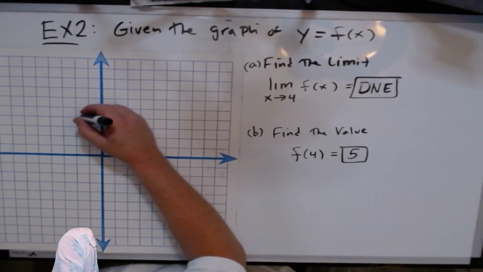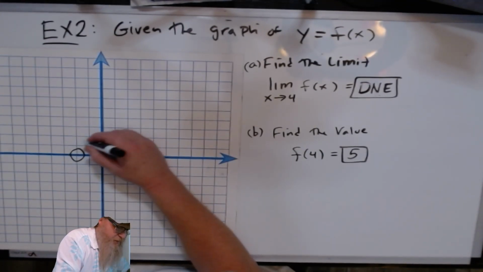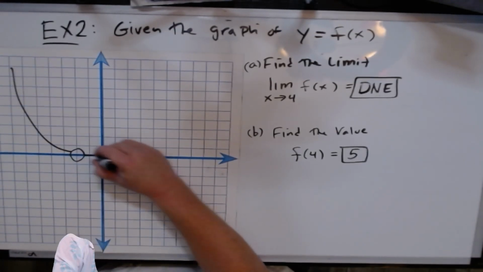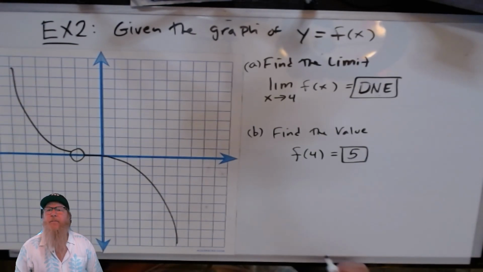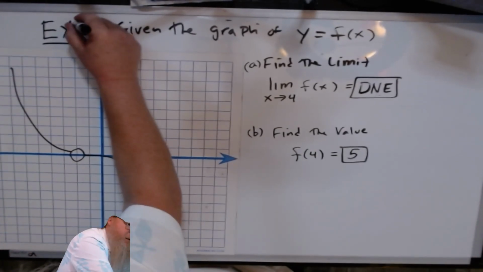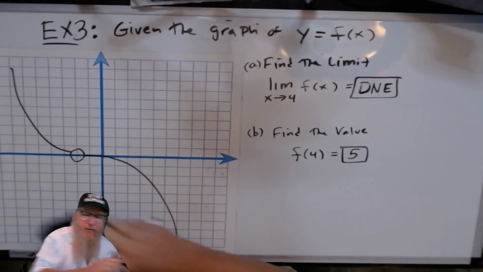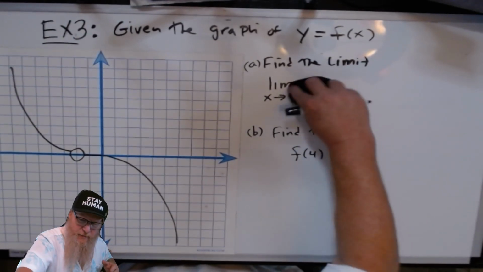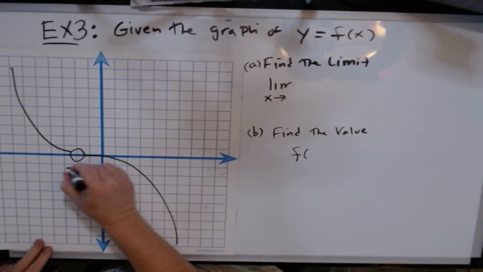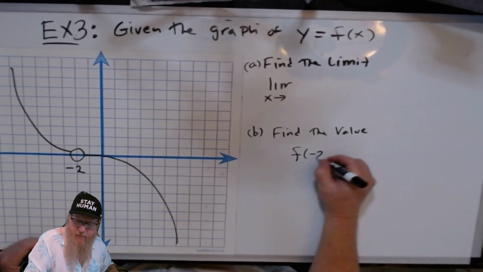Let's do something like this. And let's identify the critical point. We'll call this example 3. The critical point is -2.